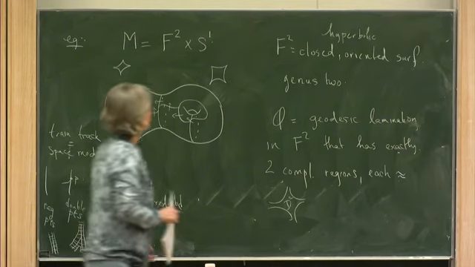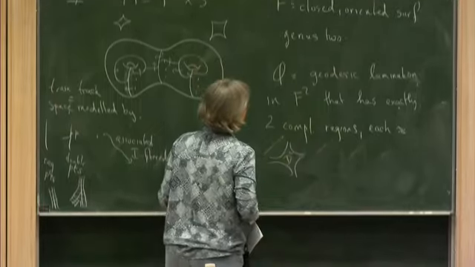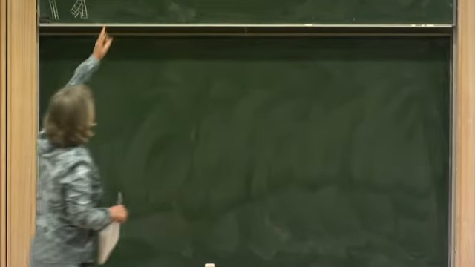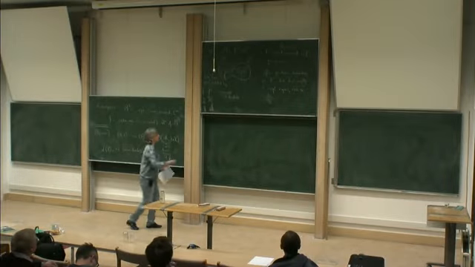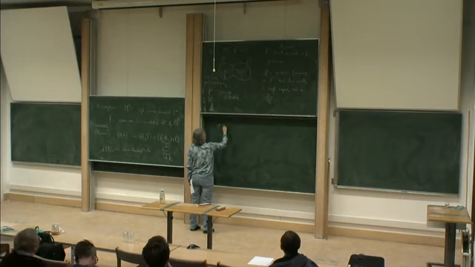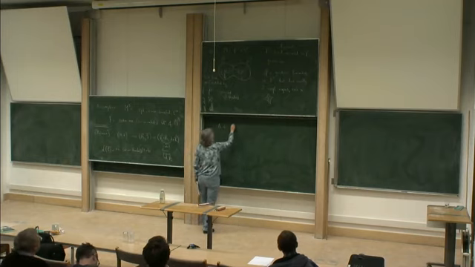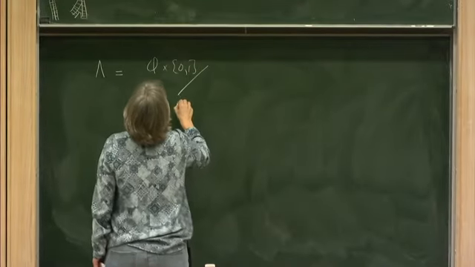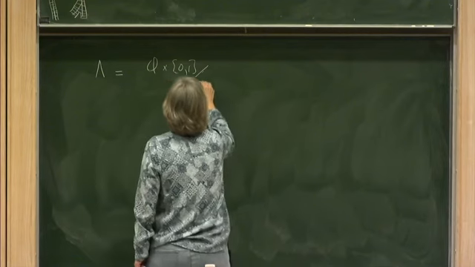And so now what I'm really interested in is a foliation of M. So lambda is just going to be this phi cross [0,1], and here I'm just going by the identity.